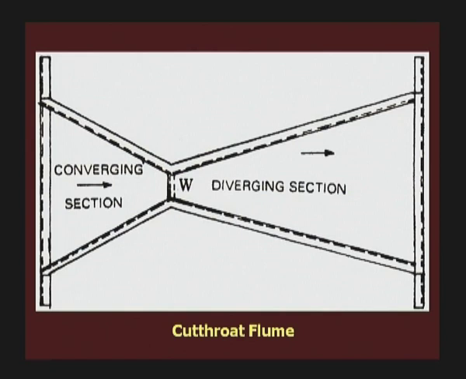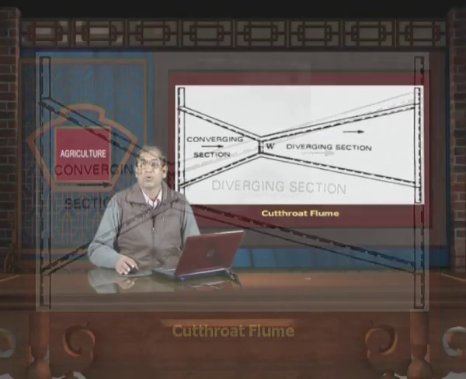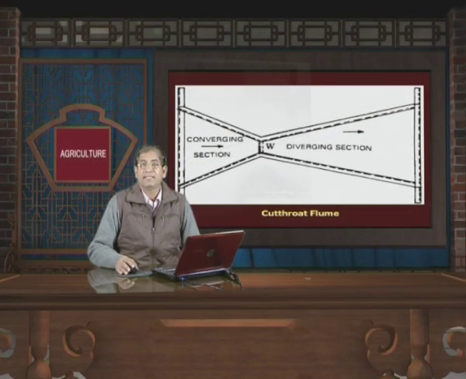But when the depth of the water in the diverging section becomes more than the width of the neck, then the flow is submerged. Under submerged flow conditions, again two measurements are required, HA measurement and HB measurement.